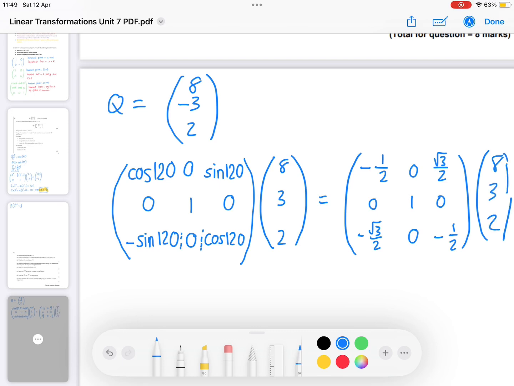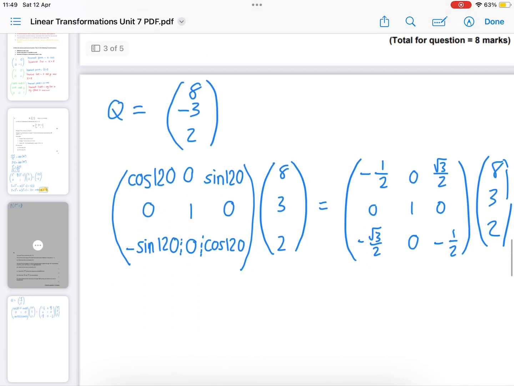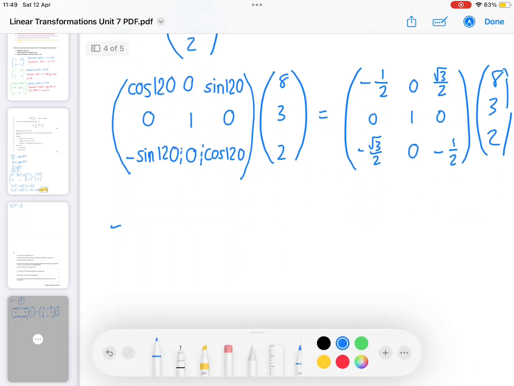And that gives us the point R. If we do that multiplication, we'll get minus a half times 8, so minus 4, and then root 3 over 2 times 2 is root 3. And the y coordinate will stay the same, and the z coordinate becomes minus 4 root 3 minus a half times 2, which is minus 1. So that's the coordinates of the point R.